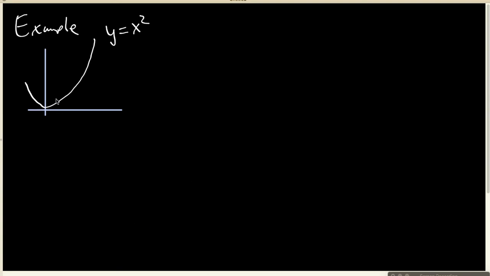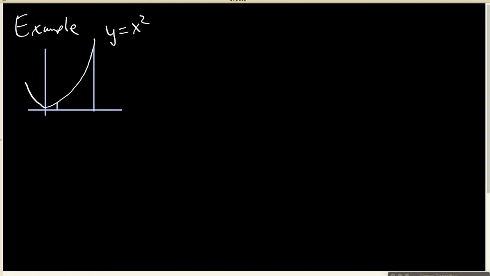So I'm going to have a little line here and a little line here. Let's see, those are not good either. So I'm going to have a little line here and a little line here.